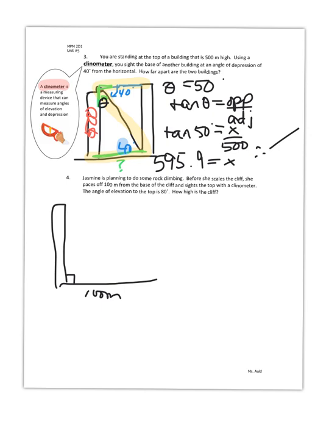She's going to use a clinometer to find the angle of elevation. She points it at the cliff and looks up to the top of the cliff. That's creating the angle of elevation there, and that angle to the top is going to be 80 degrees, so that's 80 down here. We want to know how high is the cliff. How tall is this cliff here?